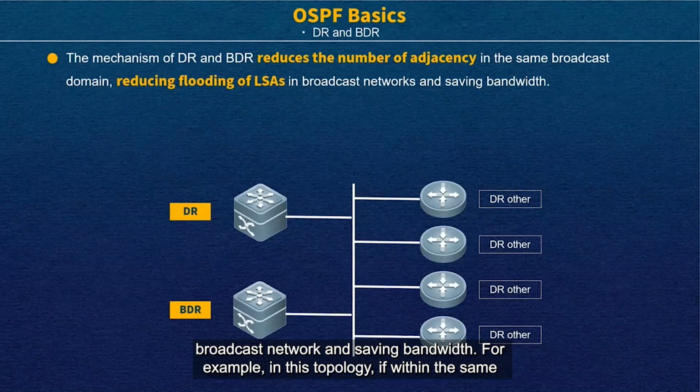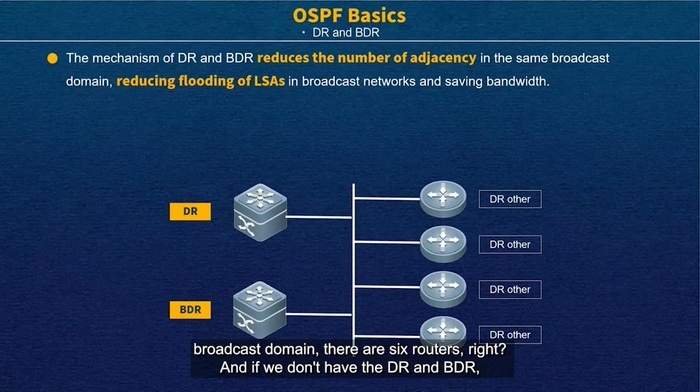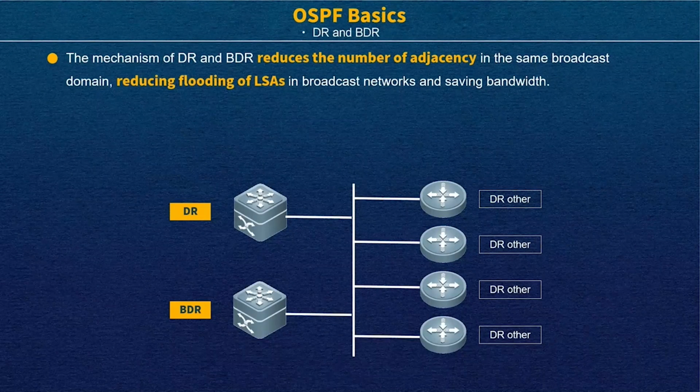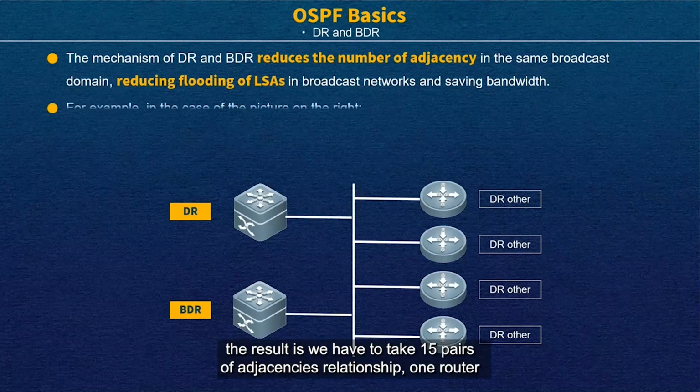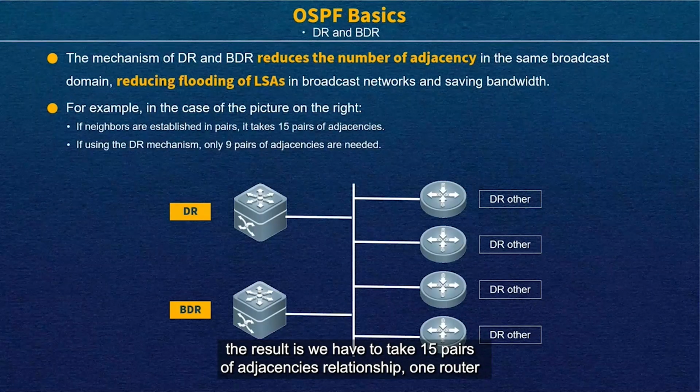For example, in this topology, within the same broadcast domain, there are 6 routers, right? If we don't have the DR and the BDR, the result is we have to form 15 pairs of adjacency relationships.